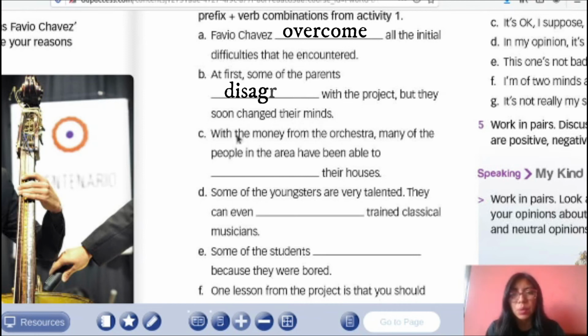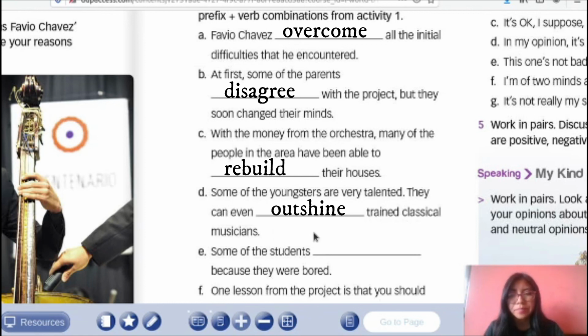The letter C. With the money from the orchestra, many of the people in the area have been able to rebuild their houses. Some of the youngsters are very talented. They can even outshine trained classical musicians.